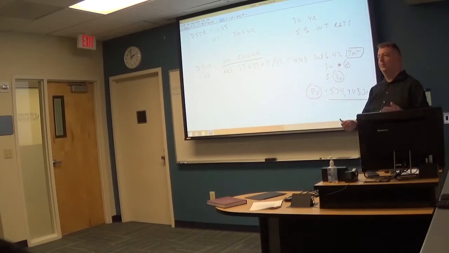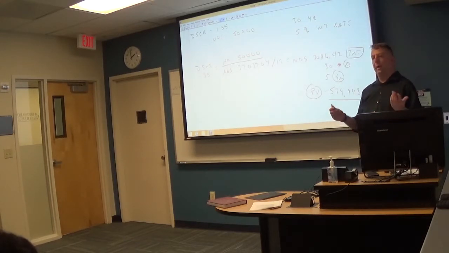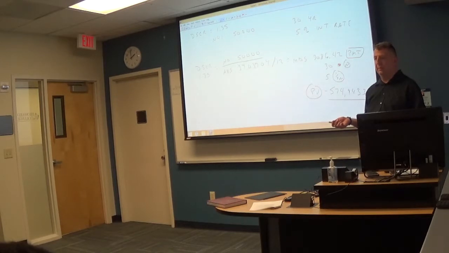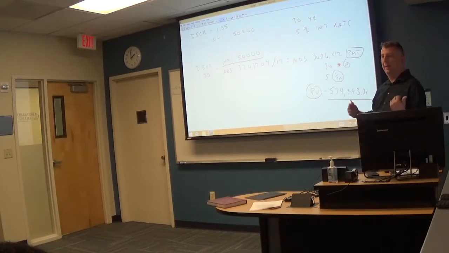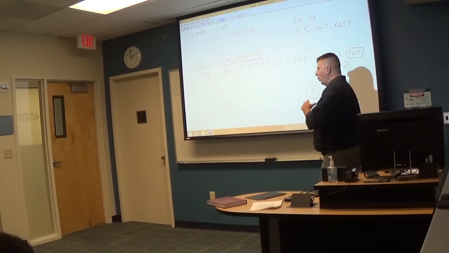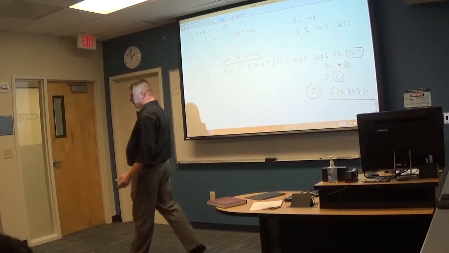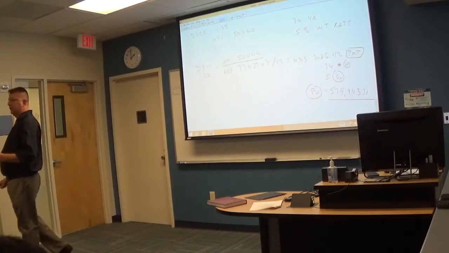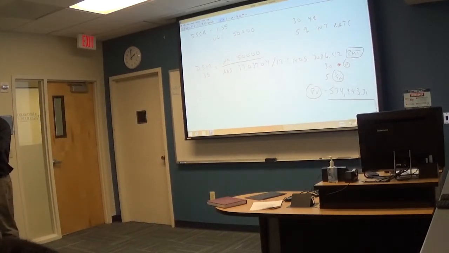Another piece to the question could be, assume a maximum loan to value ratio of 80%. Then you take this and divide it by 0.8, and that would give you the maximum value of the property, or the anticipated property value. What you need to be able to do with each of these basic formulas is go front and back.